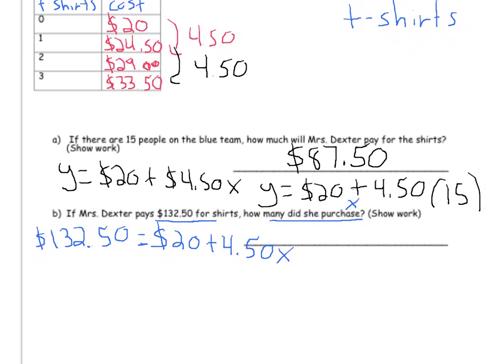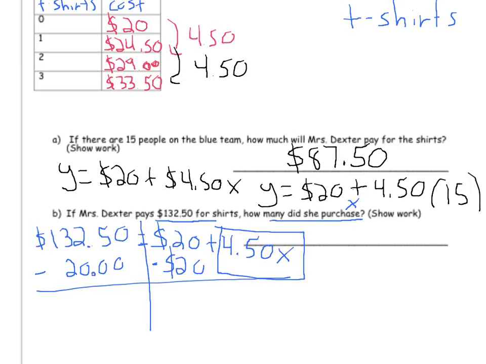So as we go through to solve this, draw your river, put a box around the $4.50x. We're going to subtract the $20. So you're basically subtracting the sign-up fee. So when I subtract $20, I end up with $112.50.